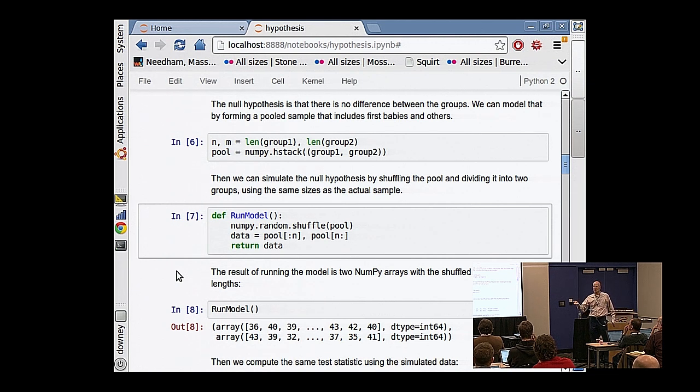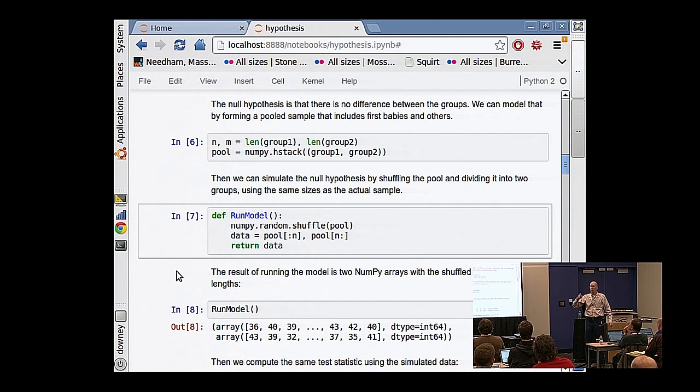And this is very similar to resampling that we saw in the previous, except that instead of drawing a new sample from the old sample, I'm taking a pooled collection, shuffling, and arbitrarily grouping them into first babies and other babies.